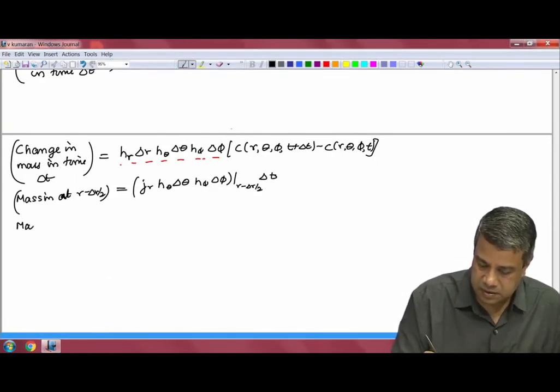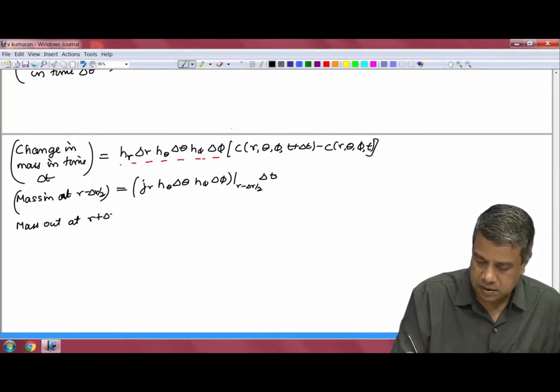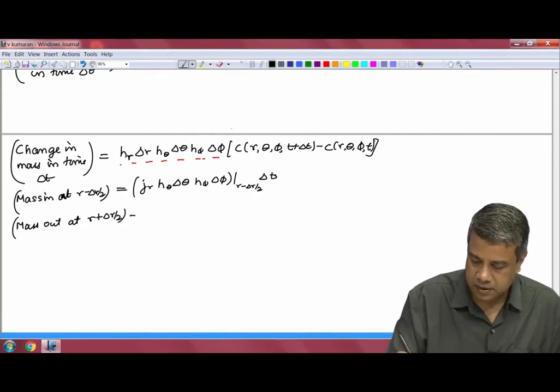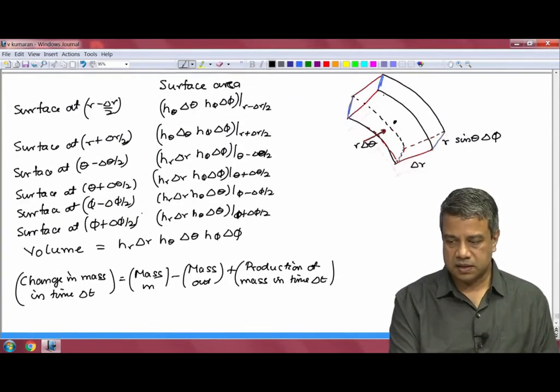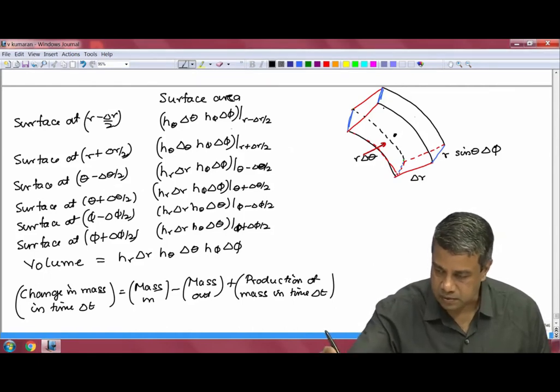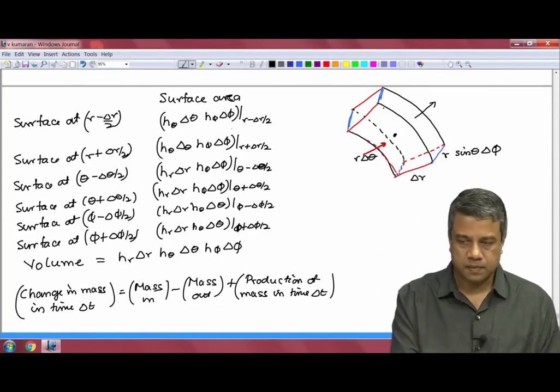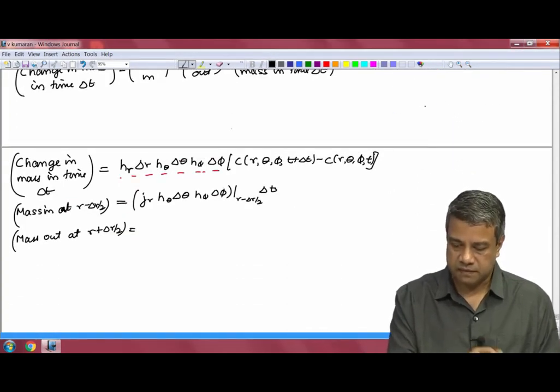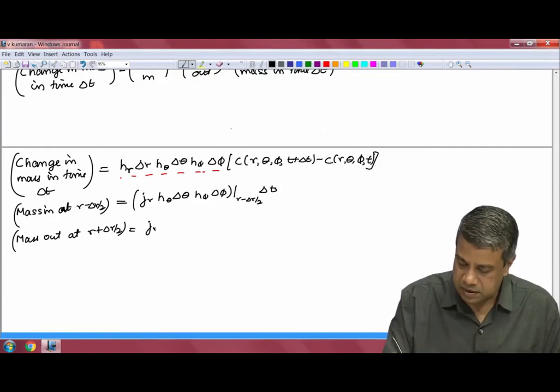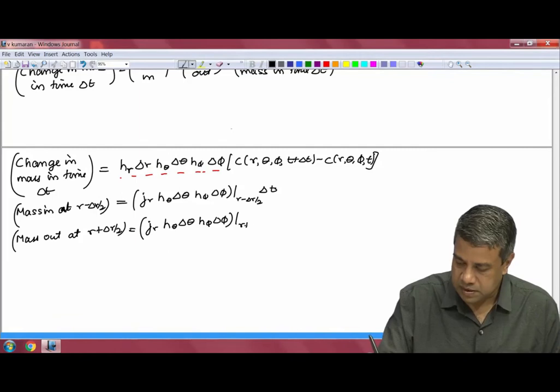Then there is mass out at r plus delta r by 2. There is mass out at the surface at r plus delta r by 2 if the flux is positive, and that is going to be equal to j r into the surface area h theta delta theta h phi delta phi at r plus delta r by 2 times delta t.